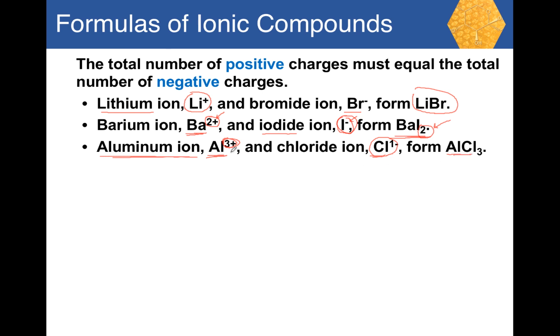However, because this is 3 plus and this is -1, and we know that aluminum chloride is neutral, it will require 3 chlorides to balance that +3. So again, in writing these ionic compounds, make sure you include the appropriate subscript so that it's shown as a neutral molecule.